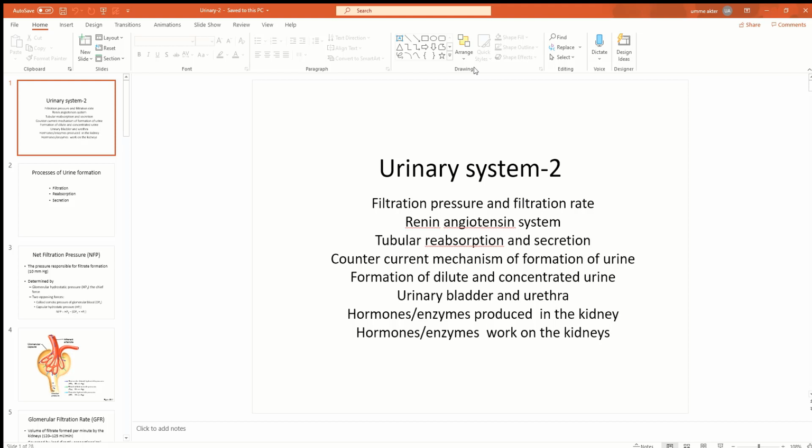And then we'll talk about the hormones that work on the nephrons to concentrate or dilute the urine. So where the hormone works to regulate the amount, and that means the volume and concentration of the urine. Then we'll talk about the other organs, urinary bladder, urethra, and those are the things we'll talk about today.